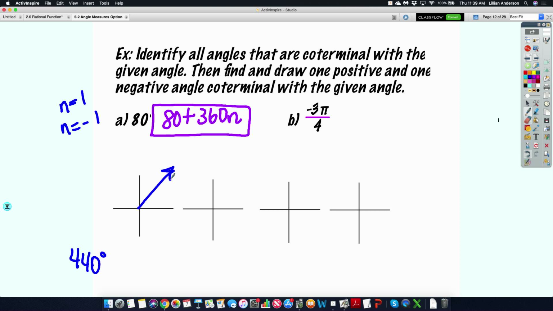And I'm going to draw the curve to mark 440 degrees. Remember, you start on the positive x-axis, you go counterclockwise to represent a positive angle. So far, how far have I gone? 360. So then I just need to go the remaining 80, and there's my 440 degree angle.